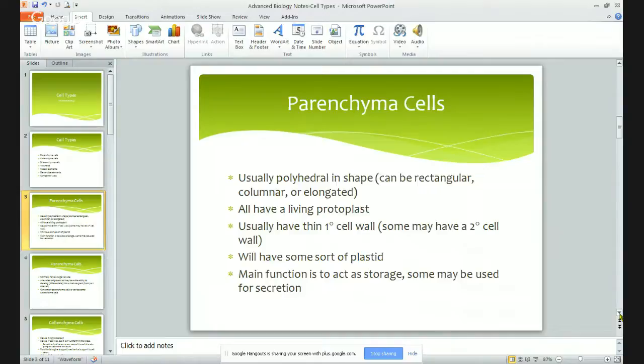So they would be used for secretion, not necessarily for storage. I said up there that they generally have that cell wall, but it's not always going to be uniform in thickness. Some parts of it might be thicker than others. In your first diagram that I drew, you can see how parts of it are thicker than other parts.